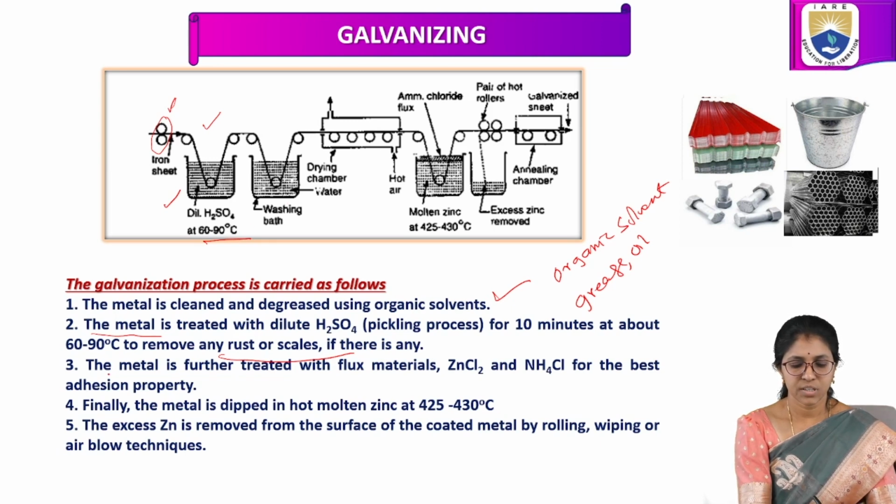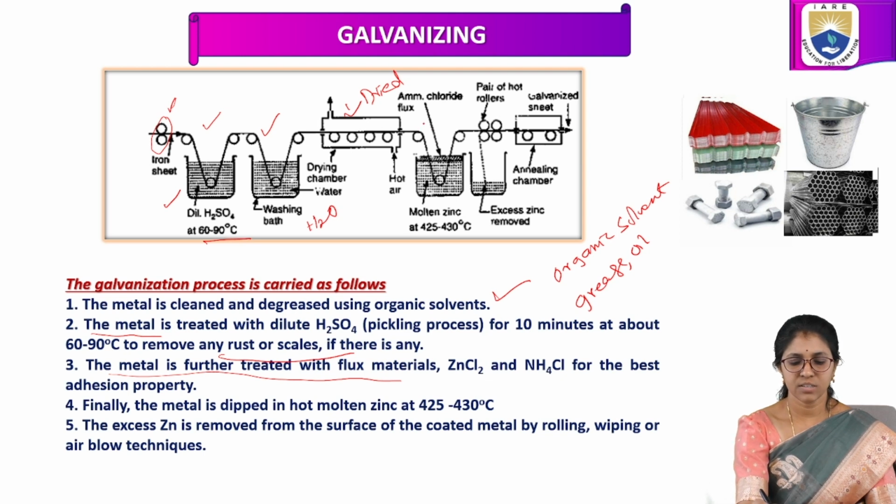The metal is further treated with flux material. Before that, the metal is washed with water in a washing bath and dried in the drying chamber.